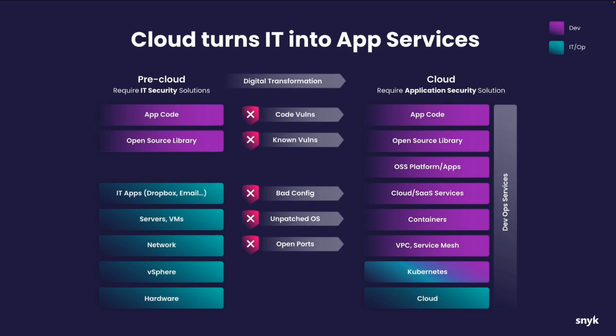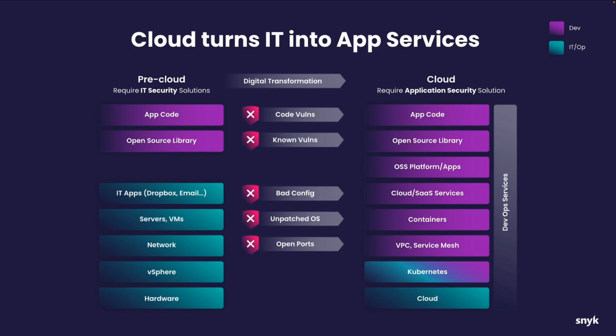Now, if you've been in the industry for a while, you've witnessed firsthand what's on this slide. About 5 or 10 years ago, we'll call that the pre-cloud era, developers were only responsible for their application code and a few open source dependencies. And back then we followed the waterfall methodology, not agile. So we'd say things like we're throwing our code over the wall, and that's when operations teams would create virtual machines and networking infrastructure over in the colo somewhere.